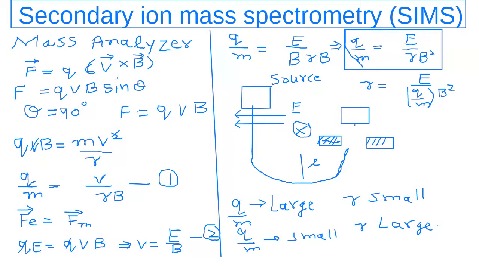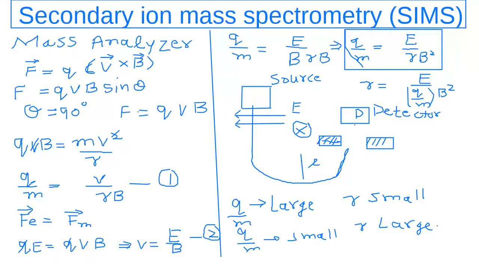When they are deflected, will they go to the detector D or not? That will depend on the charge to mass ratio.